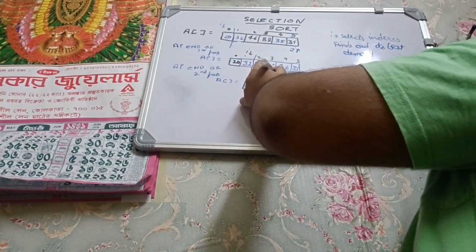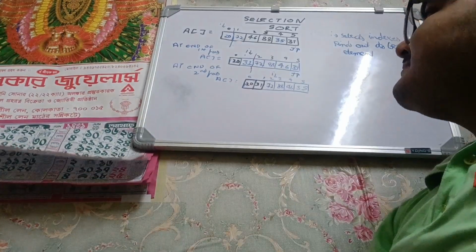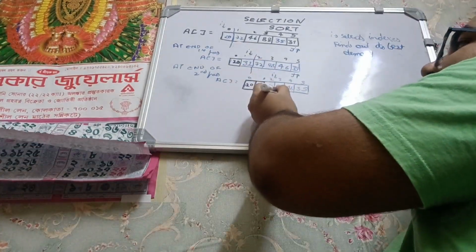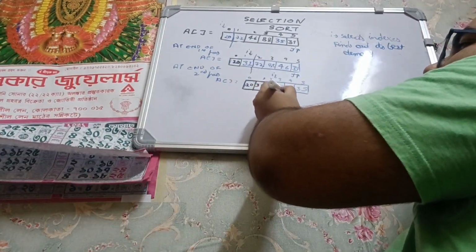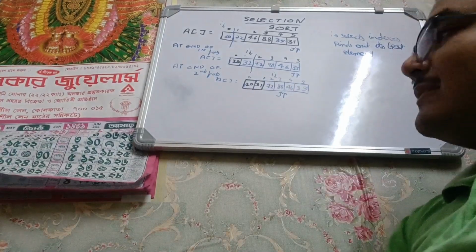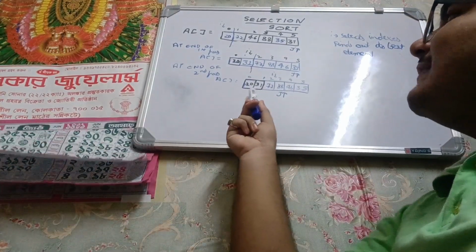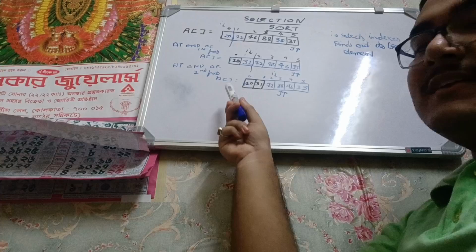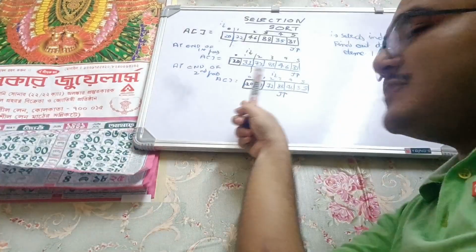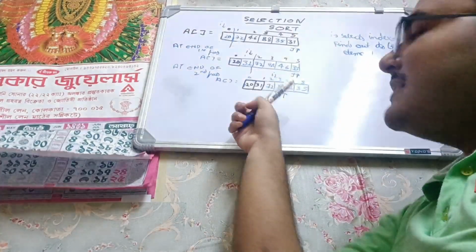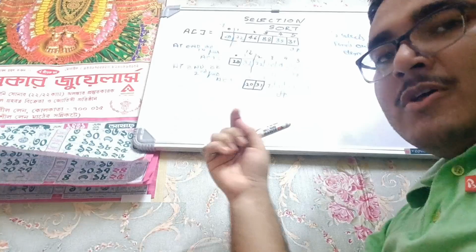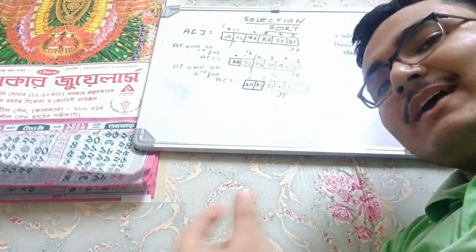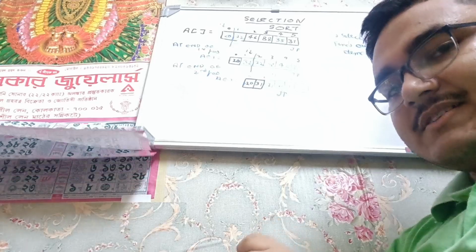And now i points here, and j starts from i plus 1, so from index 3. So at the end of the second pass, the second lightest element comes at its correct position. We are just selecting each index and bringing the correct element for that index.